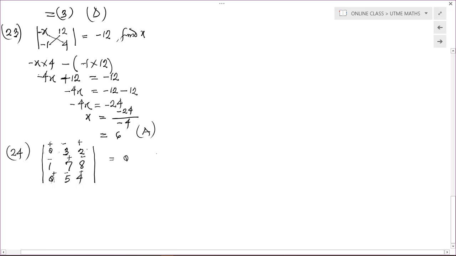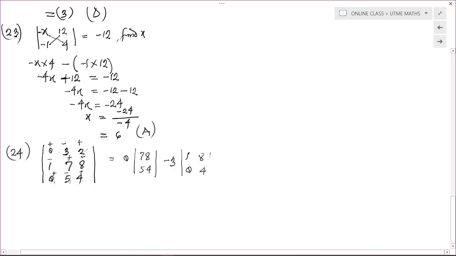So what is left for us is 7, 8, 5, 4. Now we take the next value, minus 3. Everything on the row of 3 and on the column of 3 will be cancelled at that time. So we are left with 1, 0, 8, 4.